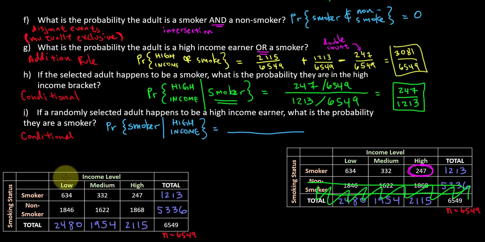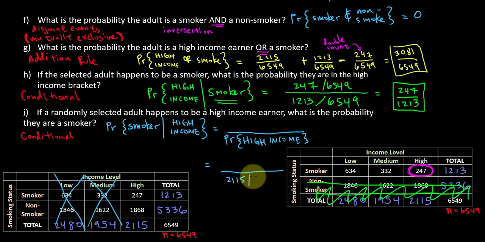So this time I'm going to not even think about these two groups here. We are limiting ourselves to that of high income only. So in the denominator is the probability of that occurring, which is 2115 out of 6549. That's probably going to cancel again, but I'm going to be thorough.